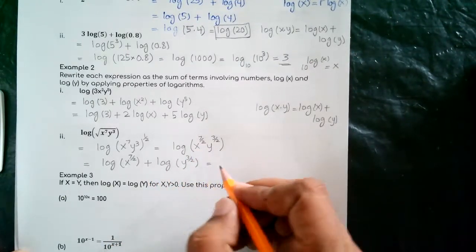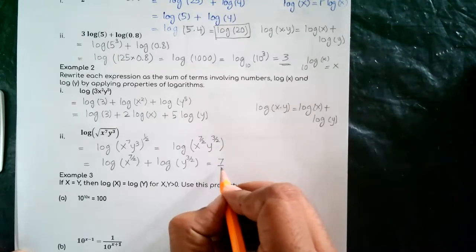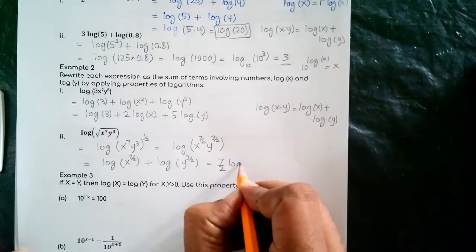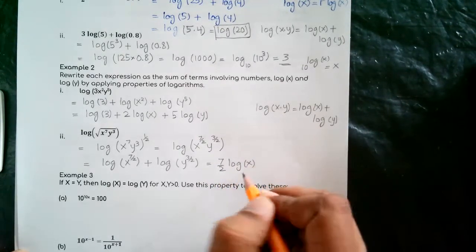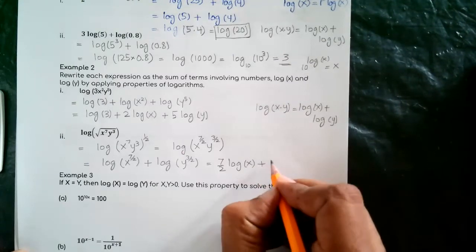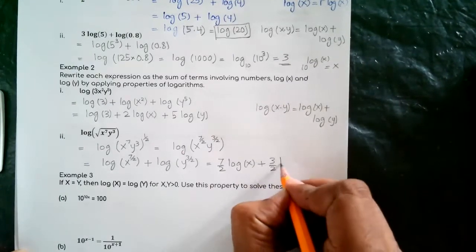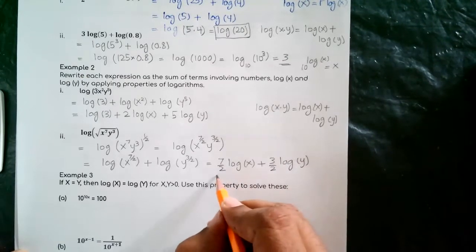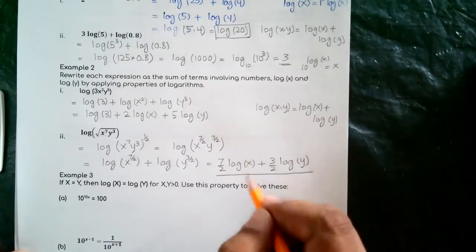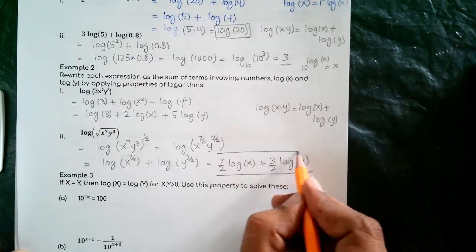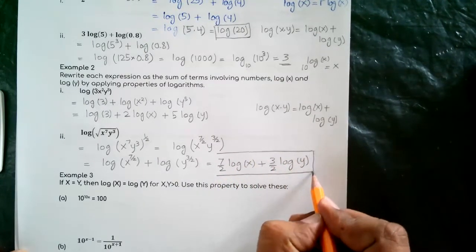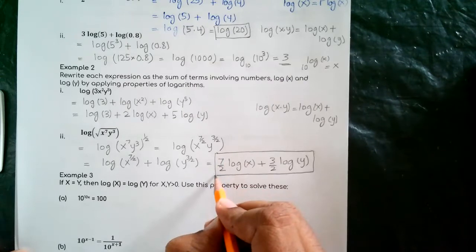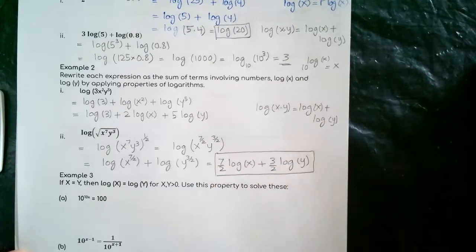Then we take the powers outside. So we can write this as 7 over 2 log of x plus 3 over 2 log of y. So now you can see that I was able to separate these, and exponents came outside, and I took the products out as log of each.